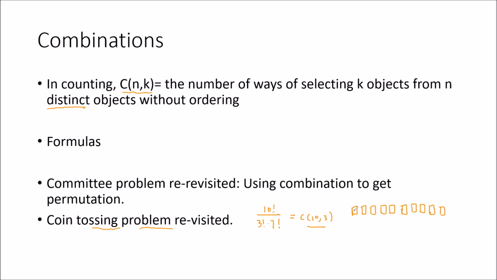So for example, you put H here, H here, H here. This gives you 1 outcome with 3 heads. But because the H's are the same, the order of these 3 positions doesn't really matter. That's why you have C(10, 3).